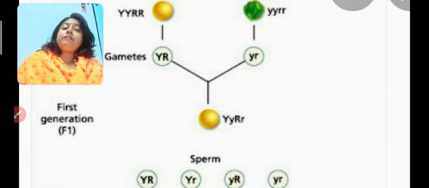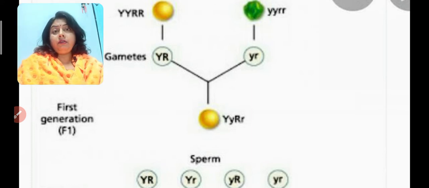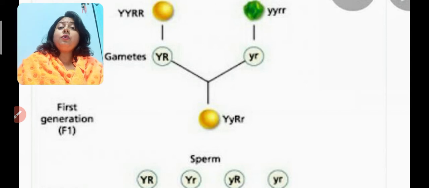So, for the pair of alleles, only one Y and only one R, since they are homogametic. If they fuse, what will happen in the F1 generation?